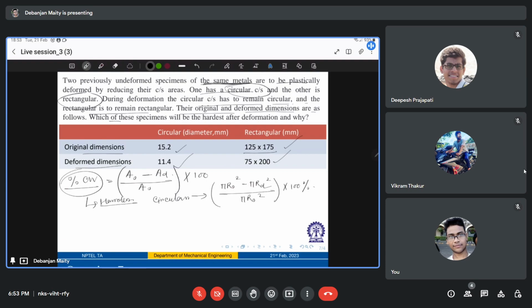So let us first calculate for the circular cross section how much this is coming. You have this r naught, this is diameter given. So anyhow, you can find out the radius and then calculate. So tell me how much the percentage is coming for circular cross section.